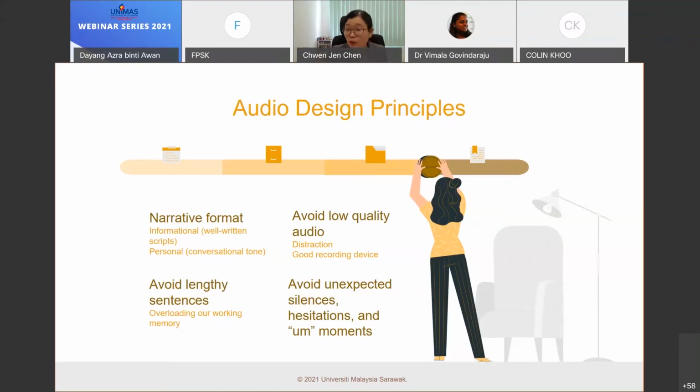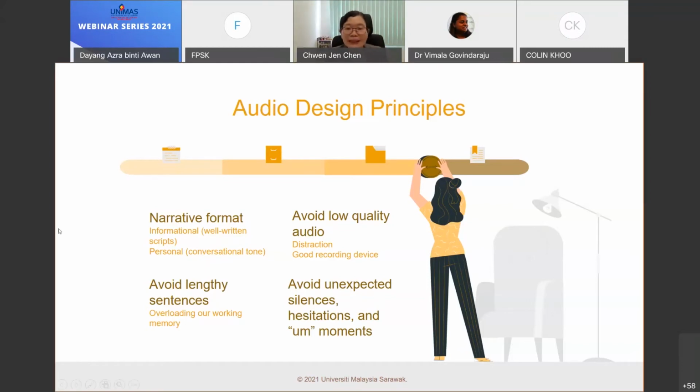Sometimes you may want to prepare scripts so that the delivery is smooth and everything is well ordered, and you can correct that compact teaching video. Now if it is meant for personal communication, then you can use a conversational tone. You can increase the use of pronouns such as I, you, we, our, and things like that. So that's the narrative format.